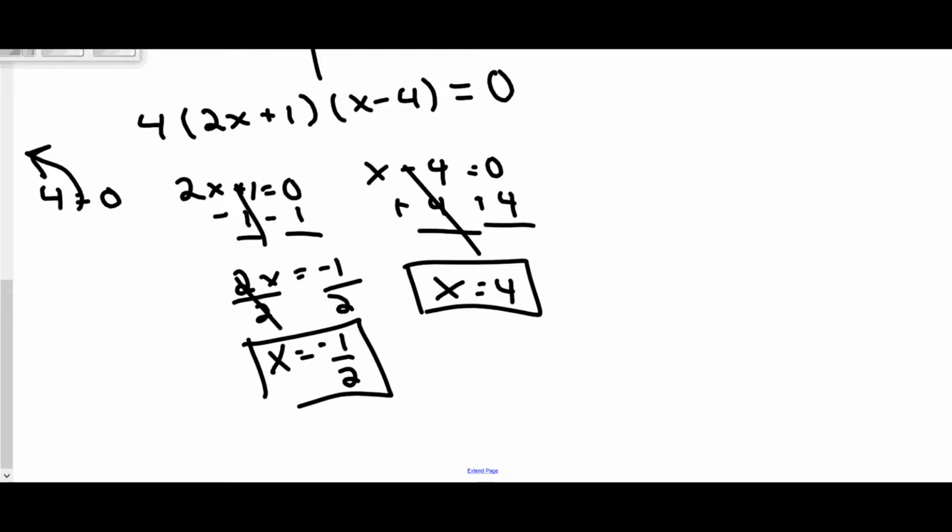I solve 2x plus 1 equals 0 for x, and I get x equals negative 1/2. So that's one answer to our equation. And then I solve x minus 4 equals 0 for x, and I get x equals 4. So the solutions to our equation are negative 1/2 and 4.